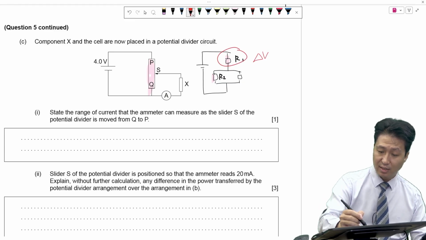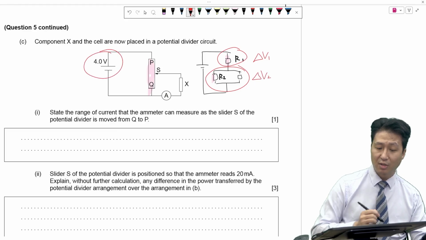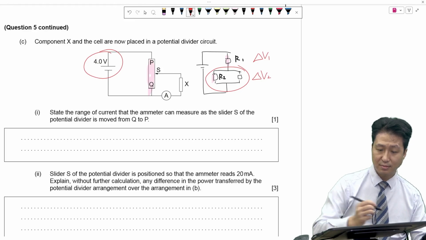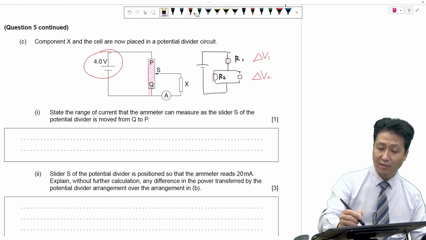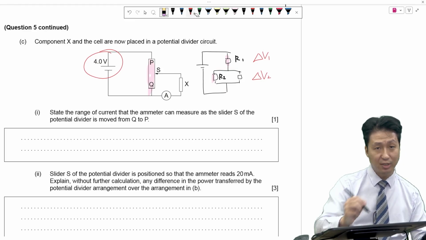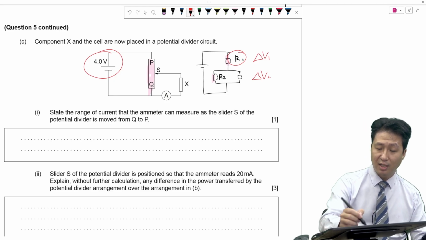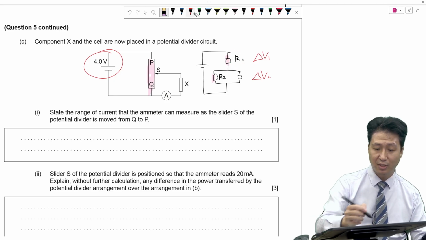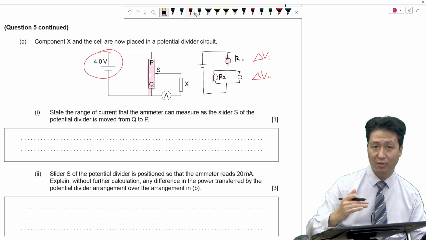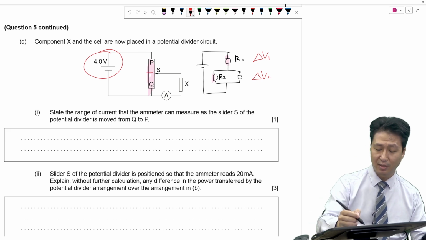Regardless of what happens, the voltage drop in this part, V1, and the voltage drop in the parallel side will add up to the total voltage. And the voltage is proportional to the resistance. So if R1 is bigger, it has a bigger proportion of the 4 volts. If R1 is smaller, it has a smaller fraction.